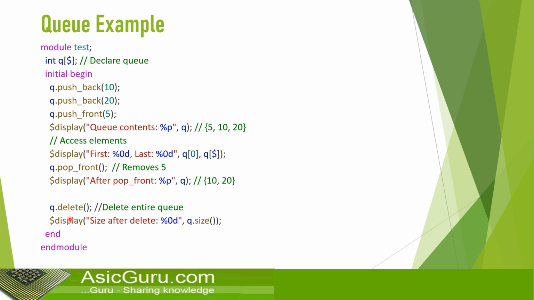Finally, we are calling the delete. It would clear the entire queue. Now we are printing the size using the size method. The size would now be 0 because we have already deleted the entire queue. So with this example, you can see how flexible and dynamic the queue is by using all these pushing, popping, accessing and deleting methods from the queue.